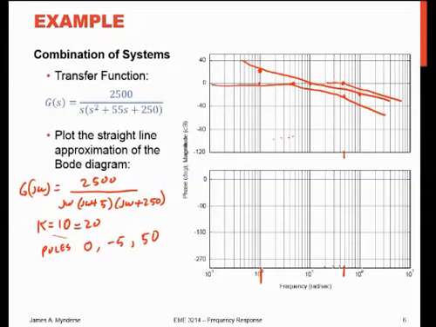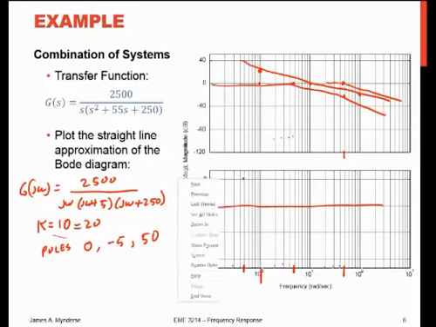In our phase diagram, I've got the minus 90 from my pole at the origin. I've got a pole that rolls off from, let's see, what are my frequencies here? I got 5. Let me mark those 2, 3, 4, 5, and I've got from here to there. So I've got one that rolls off 90 degrees.